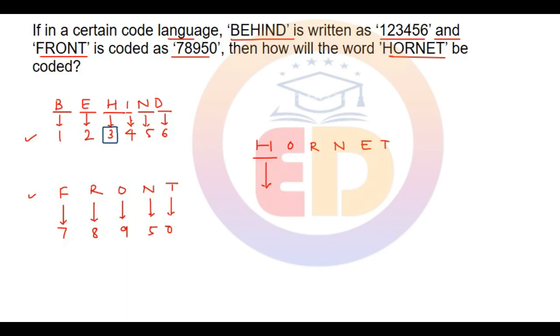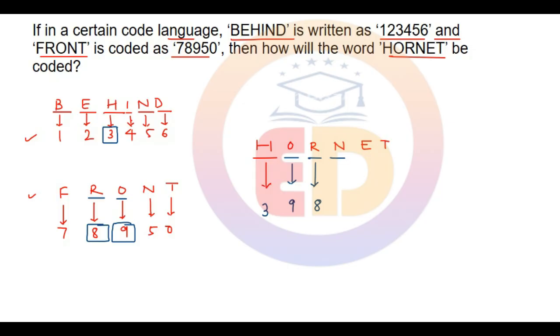So H will be coded as 3. The code for O can be found in front, where the code of O is 9. So O is coded as 9. Next letter is R. R can be found in the word front, which is coded as number 8. So the code of R is 8.